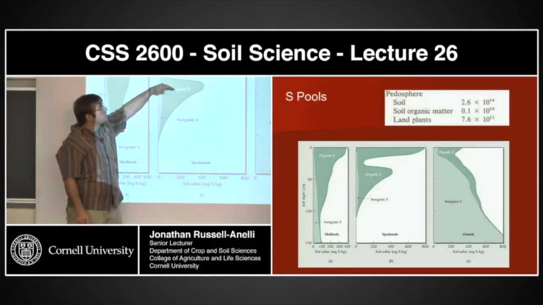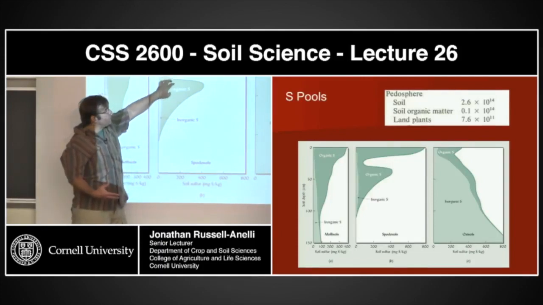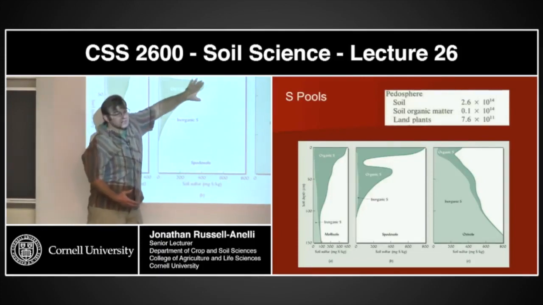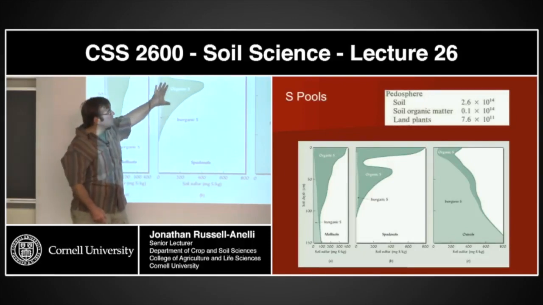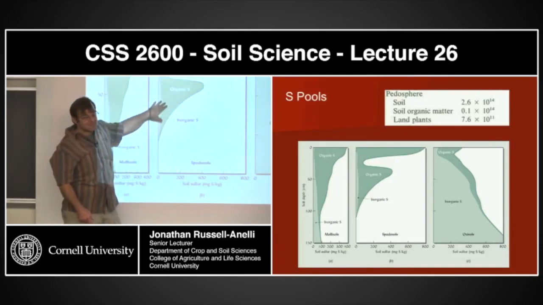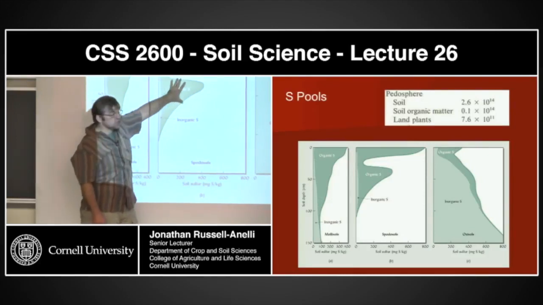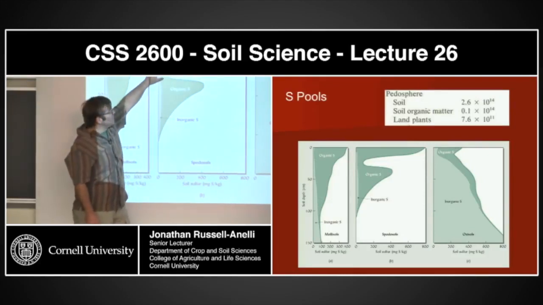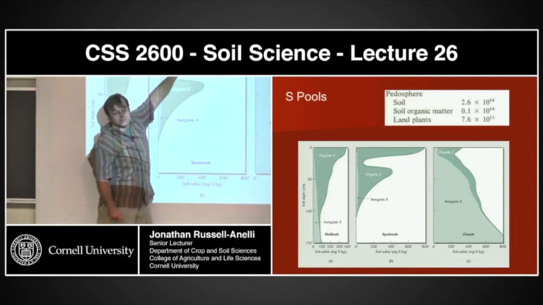Those organic acids are stripping materials from above, the sulfur coming with it, and it's basically being captured in those organic acids sitting here. So what you're looking at here is the organic acids and the sulfur that's associated with them. Does that make sense? This is that Bhs zone right in here. This is the E zone. This is the A zone, or an O potentially.